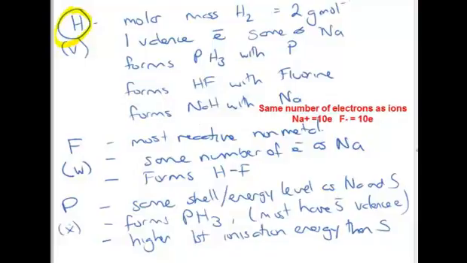P, it's the same shell or energy level as sodium and sulfur, and it forms PH3, so it must have 5 valence electrons to form those bonds and have a full octet. It's got a higher first ionization energy than sulfur.